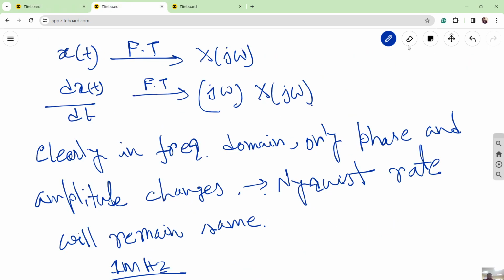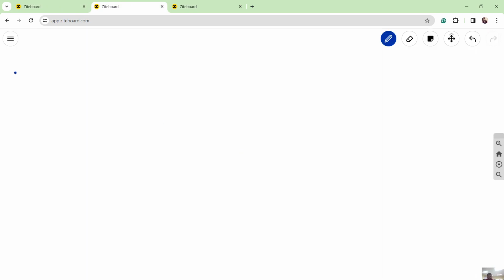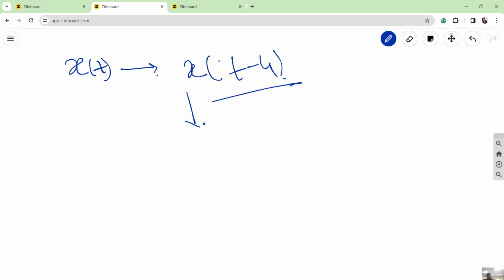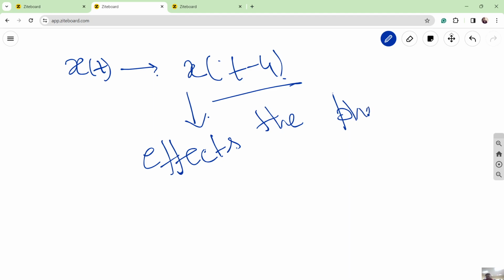The reason is the signal x of t is time shifted by t minus 4. It only affects the phase, but no frequency change.